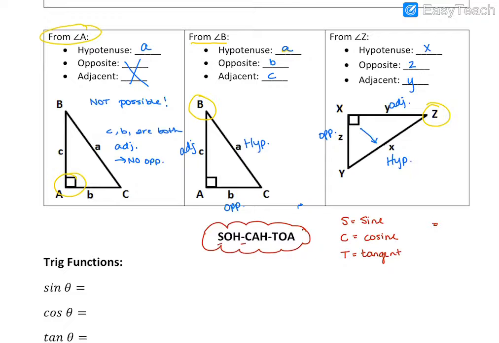So SCT stands for sine, cosine, and tangent. Now, the way that this is spelled is actually important. This word means absolutely nothing if you can't spell it. Because the O is always going to stand for the opposite, the A will always stand for adjacent, and your H will always stand for your hypotenuse.